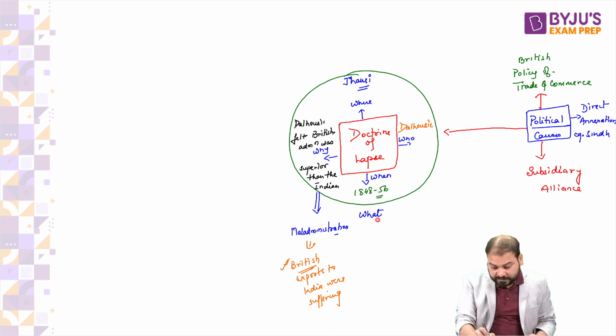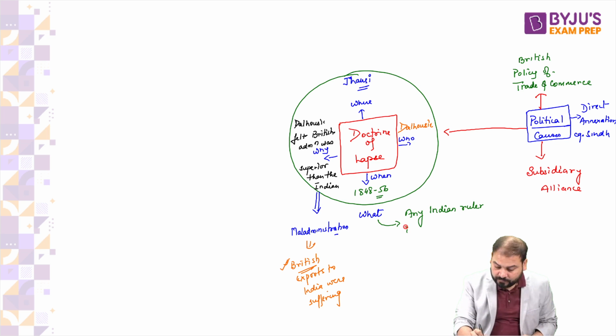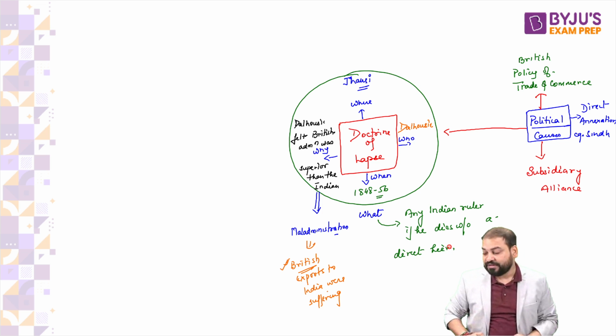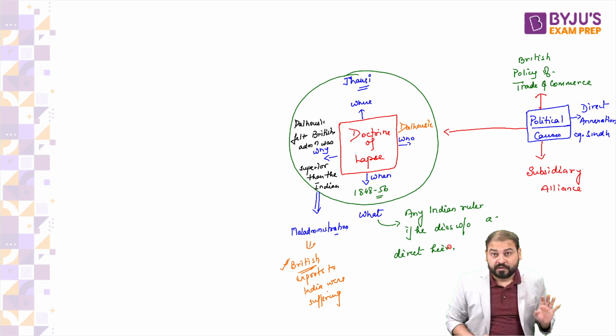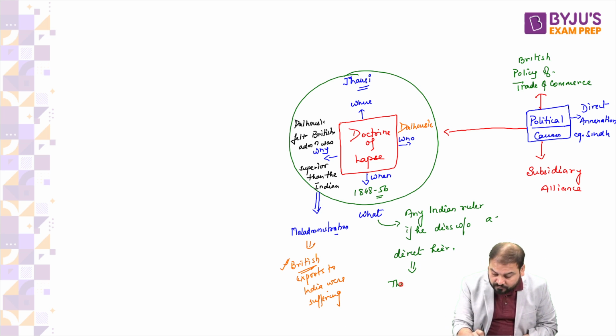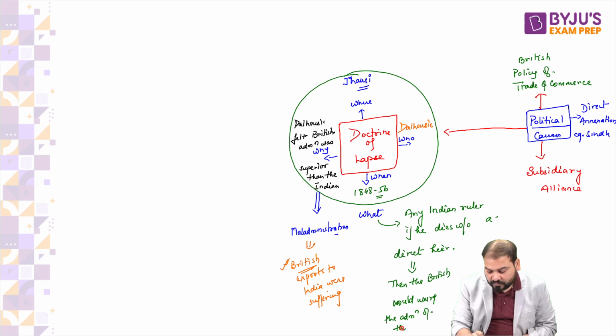Under this, any Indian ruler, if he dies without a direct heir, please understand, direct heir means his own biological son, then the British would usurp the administration of the state.